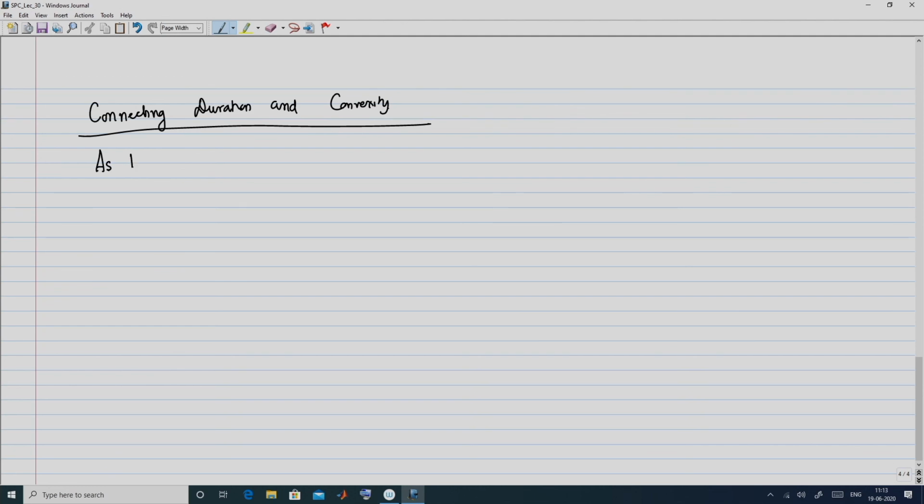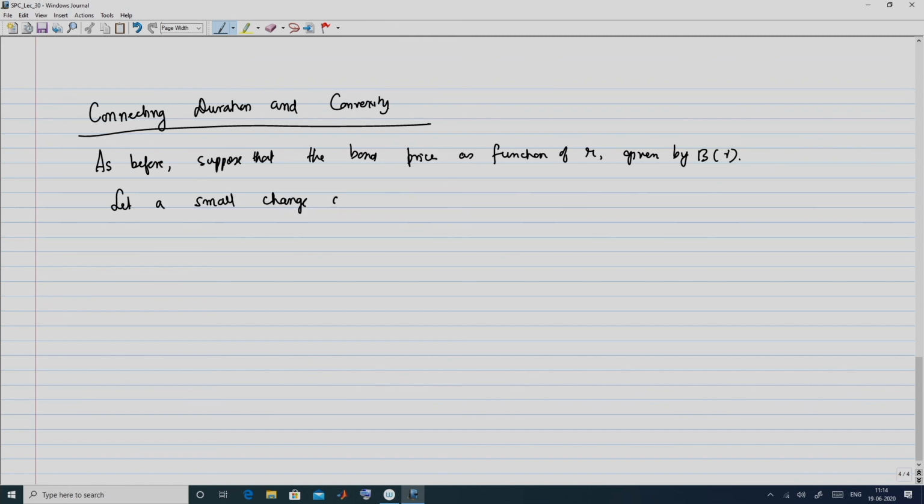So, as before we considered the same setup, and suppose that the bond price is a function of R and is given by B of R. Now, let a small change dr in the interest rate result in a corresponding small change in the bond price.